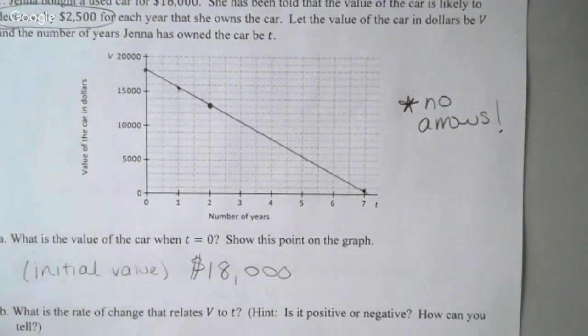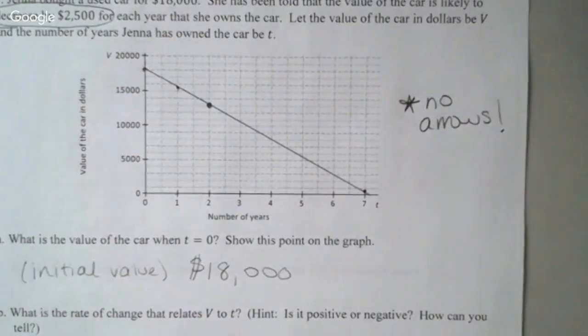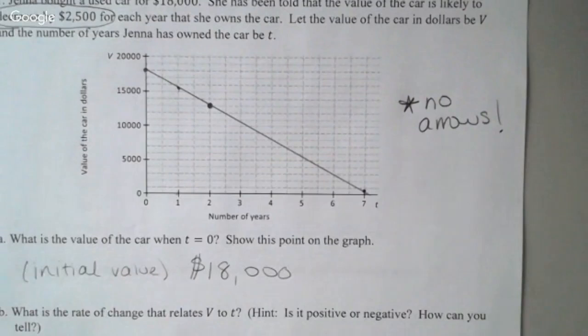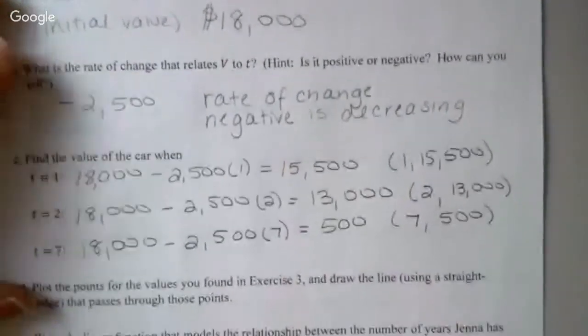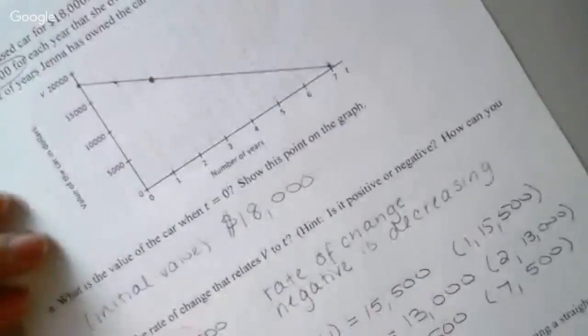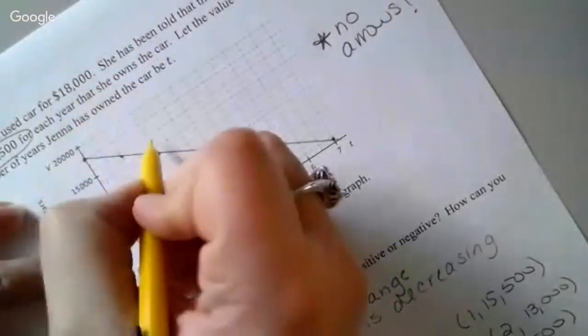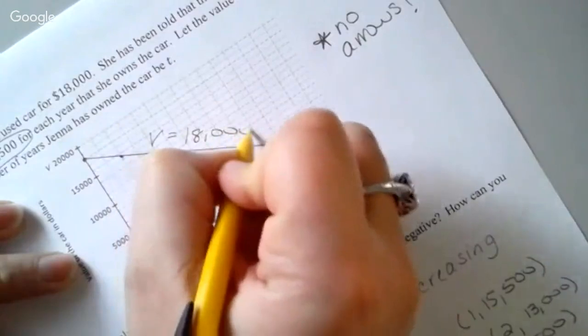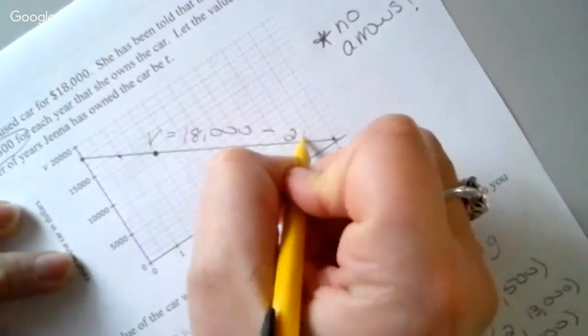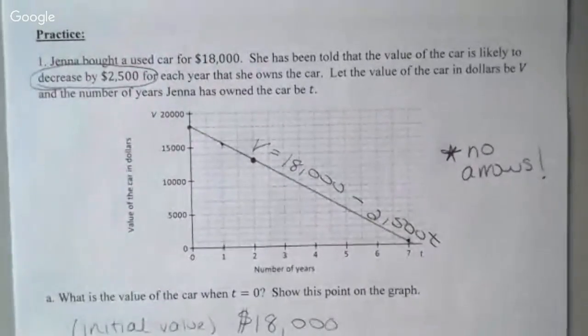Okay, so we want to make sure we do not put any arrows on that to show that we shouldn't be going on in either direction. And then since we have the equation of the line, which we already did in part E, we're going to put that equation right on the line. So we've got V equals 18,000 minus 2,500T. Okay, and that completes practice 1 question.